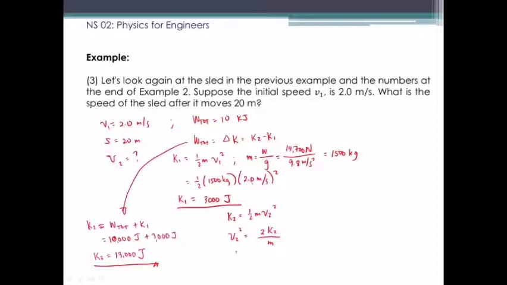V2 therefore is the square root of 2 times K2, which is 13,000 joules, over your mass, which is 1,500 kilograms. So that you get your V2, that is 4.16. So this is what is required in the problem. What is the final velocity?